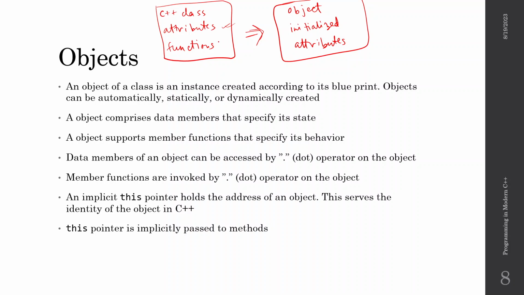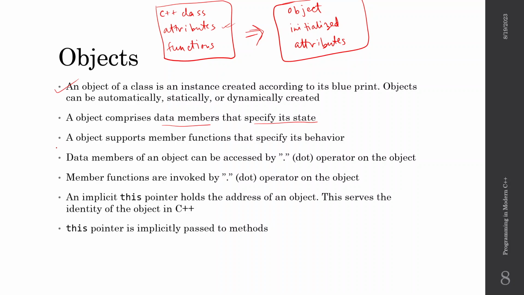A class can have multiple objects. An object comprises data members that specify its state. Once the attributes have been assigned some value, the object is created, a specific instance of the class.